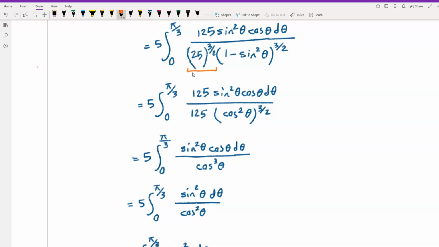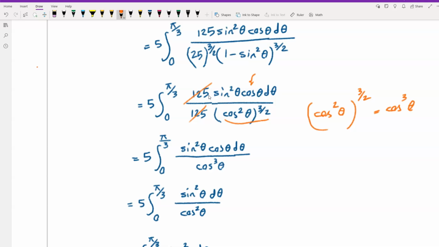Then 25 power 3 over 2 is equal to 125, and instead of 1 minus sine squared I use cosine squared. Next step, simplify, so 125 divided by 125, and then on top we have cosine, and in the denominator we have cosine squared power 3 over 2. So this part is cosine cubed, because cosine squared power 3 over 2 will be equal to cosine cubed.